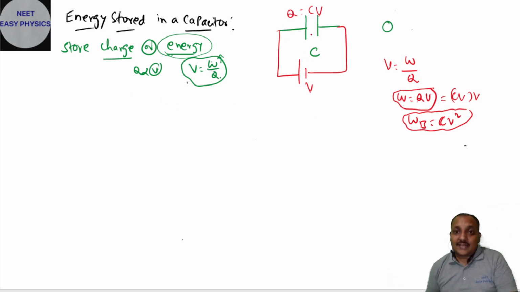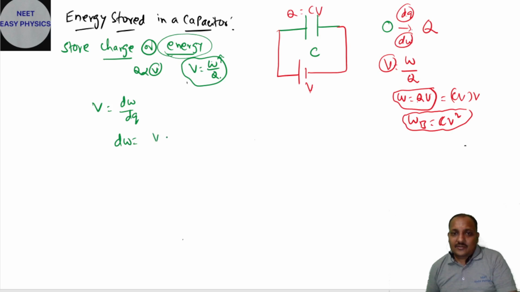Now what is the energy stored here? Energy stored means whenever we are increasing its charge from 0 to Q, we will take a small amount of charge dQ for that small amount of work dW. At that time, this voltage can be written as V is equal to dW by dQ.